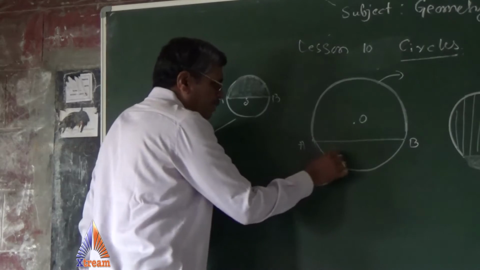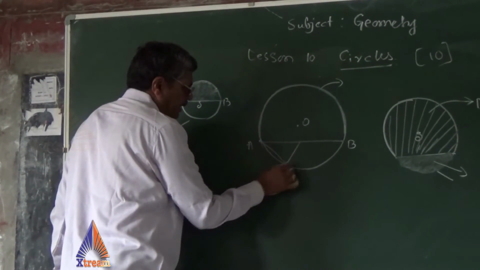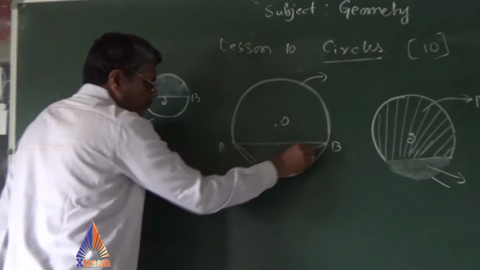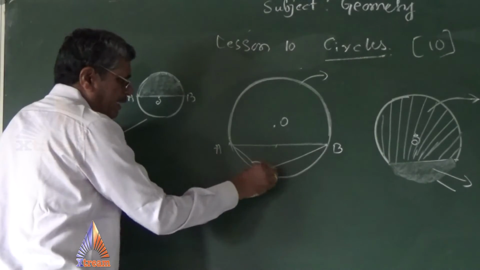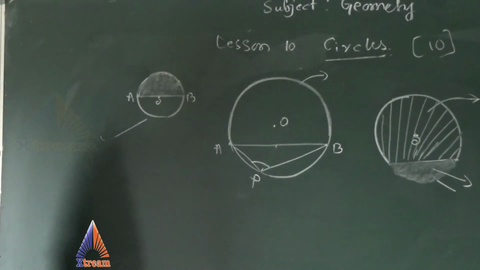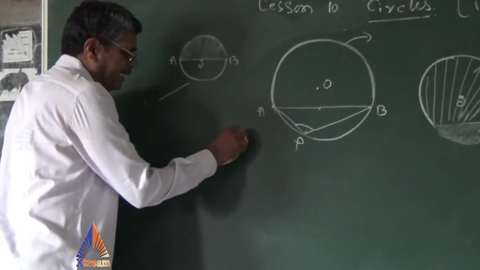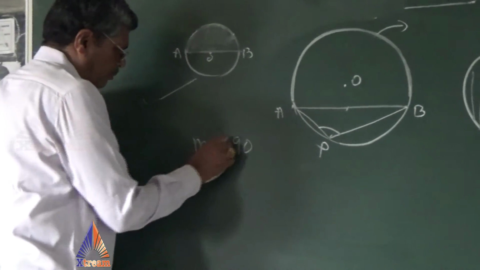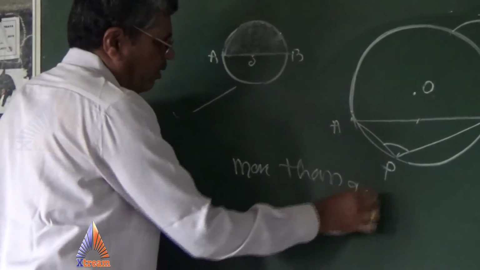The angles in the minor segment, whatever angles are there, are always obtuse. Obtuse means more than 90 degrees.